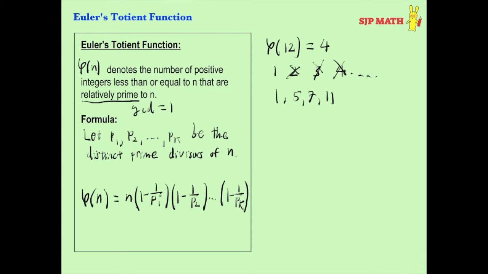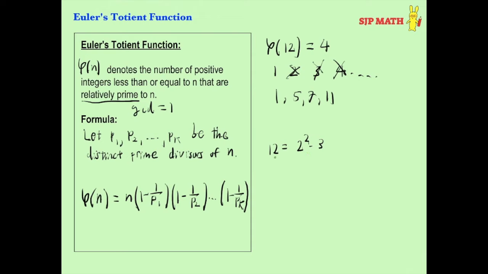So let's test it out to see if it works. We know the totient value of 12 by already bashing it, so let's see if we get the same result using this formula. Before we do that, we need to prime factorize 12. 12 is equal to 2 squared times 3, so its prime divisors are 2 and 3.